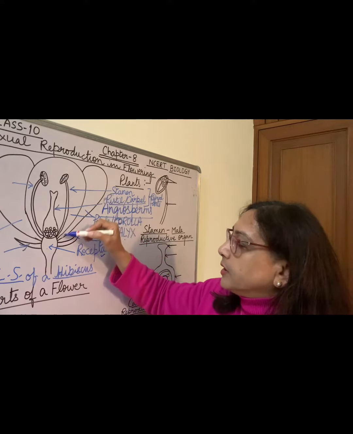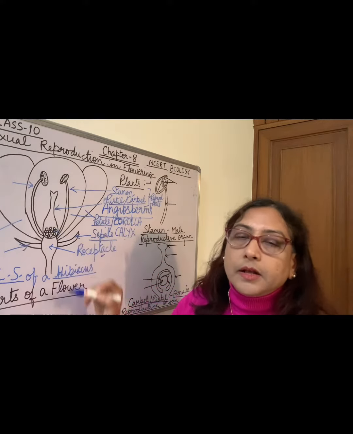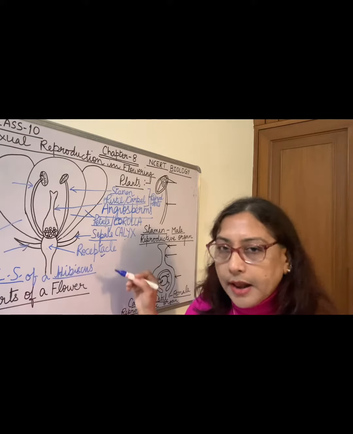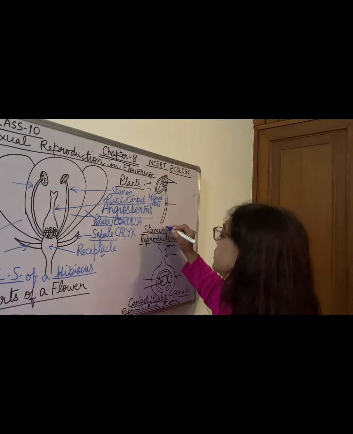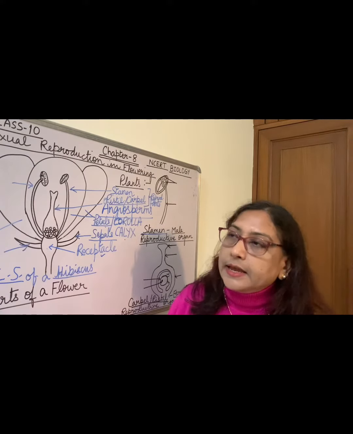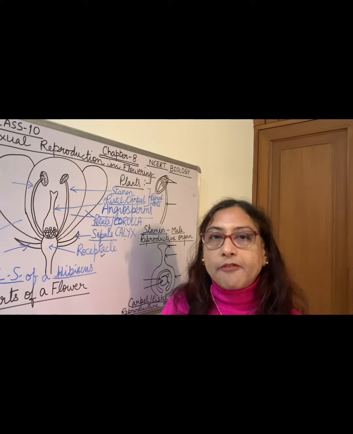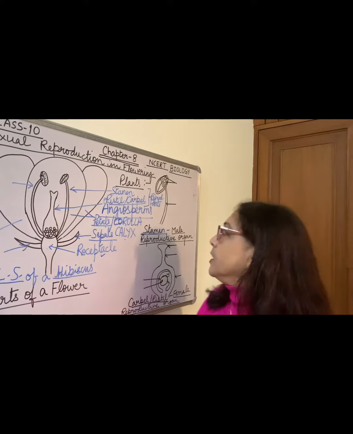Now, about this stamen and carpel or the pistil, we'll do in detail now. First we come to the stamen. A flower can have more than one stamen. It can have many stamens, in fact.